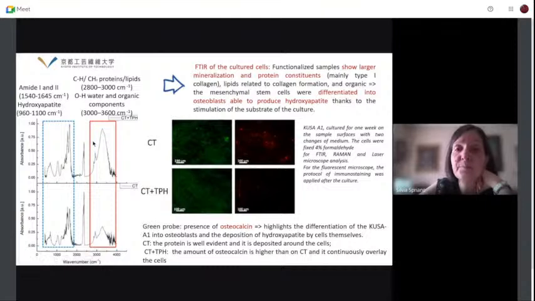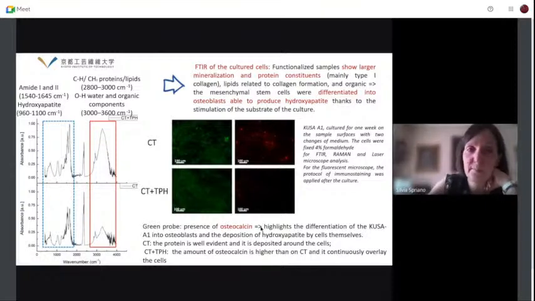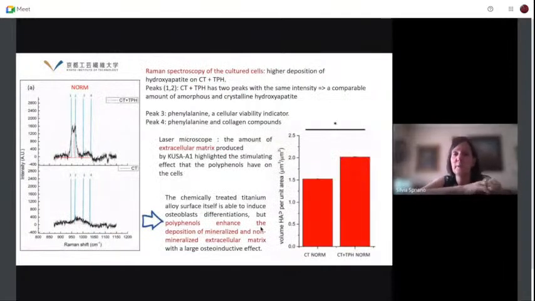So you have the ability of these mesenchymal stem cells to be differentiated on the functionalized surface and to become osteoblasts and to produce hydroxyapatite. Also, the presence of osteocalcin was evidenced, and this is another result highlighting the differentiation of the mesenchymal stem cells. And also Raman spectroscopy can be applied to the cultured cells.